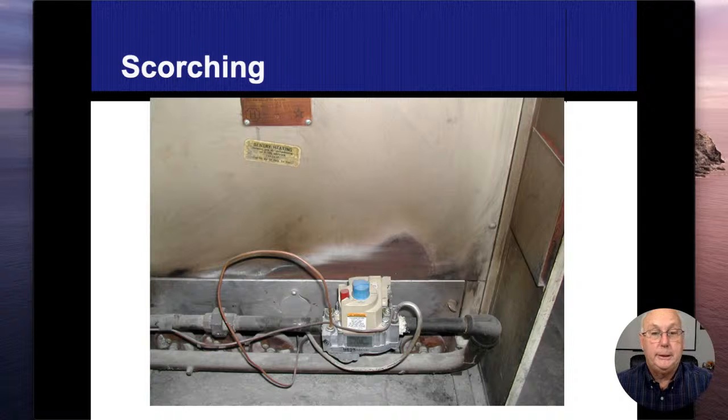Another term is scorching, and we're going to start getting into the furnaces real soon. Scorching is any time that I'm burning something, for lack of a better term. So in this situation, when I have it around the burner like this, that's a pretty strong sign that either I've got a hole in the heat exchanger or I've got one hell of a bad gas air mixture.